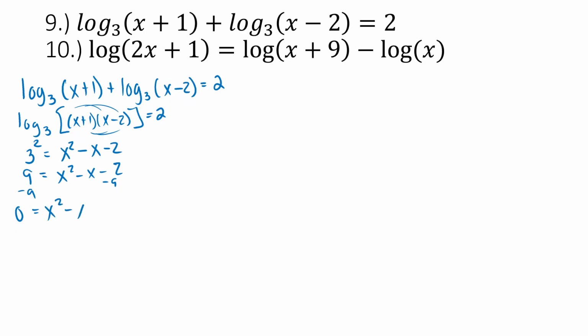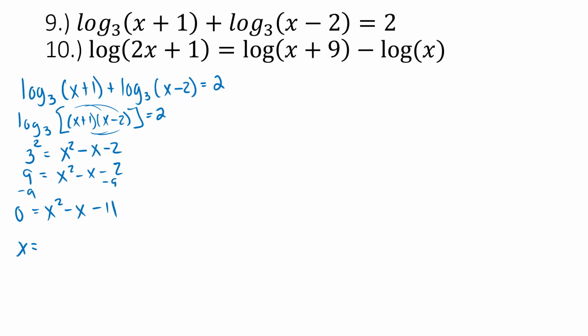And this is not factorable. 11 is a prime number, so its only factors are 1 and 11. And I cannot get a negative 1 from a 1 and an 11. I can get like 10 and 12 out of that. So that means we have to invoke the quadratic formula.